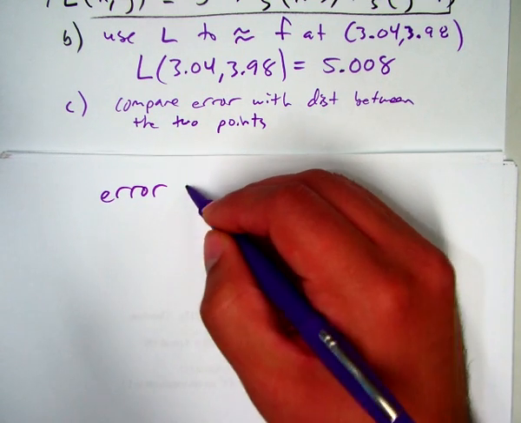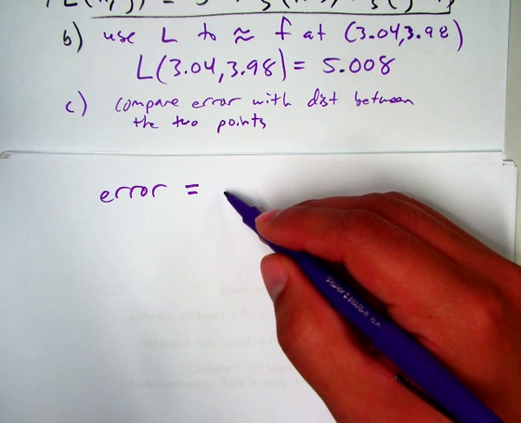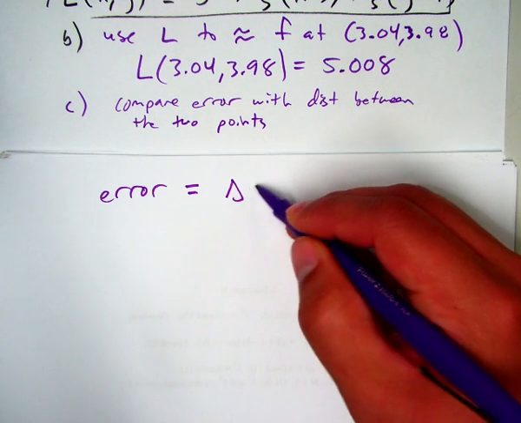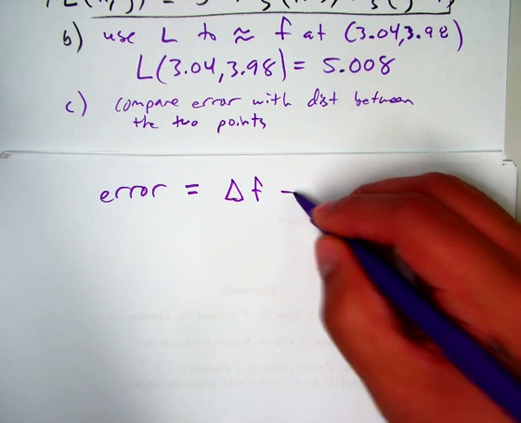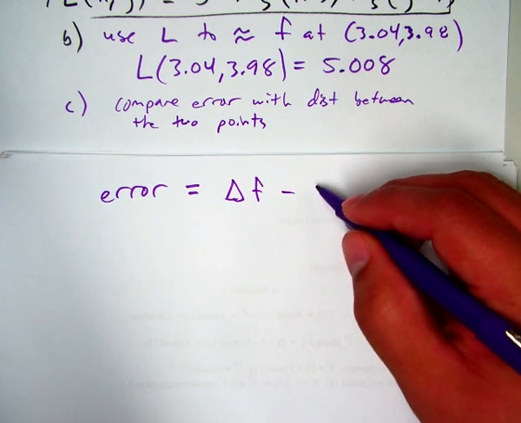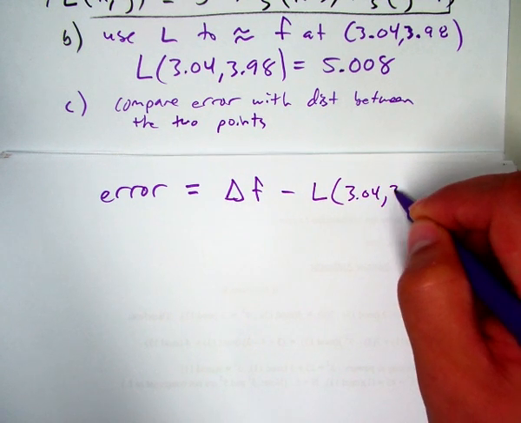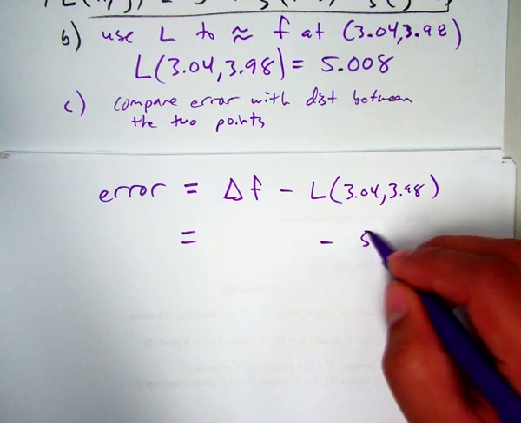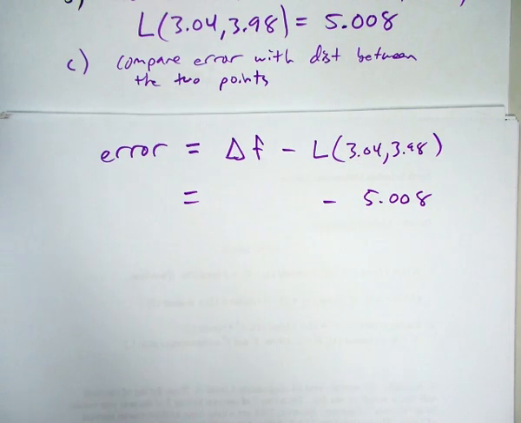The error is going to equal the difference between the actual change and the approximate change, which now we have with that function L of 3.04, 3.98, which is 5.008. Can someone help us out and find the actual change in f?